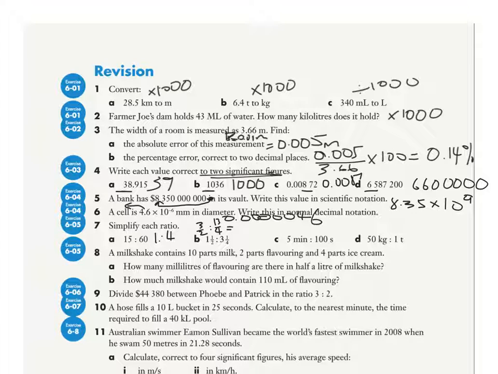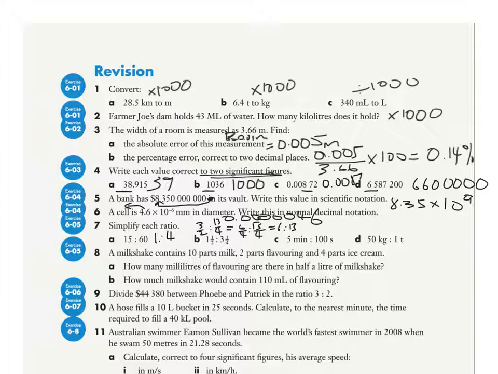You need common denominators, so you've got to times the 3 on 2 by 2, becomes 6 on 4, and 13 on 4. And when the bottoms are the same, you just take the top. Now, you can do that on your calculator also. You can just do 1.5 divided by 3 1/4 equals, and it will get you 6 on 13.